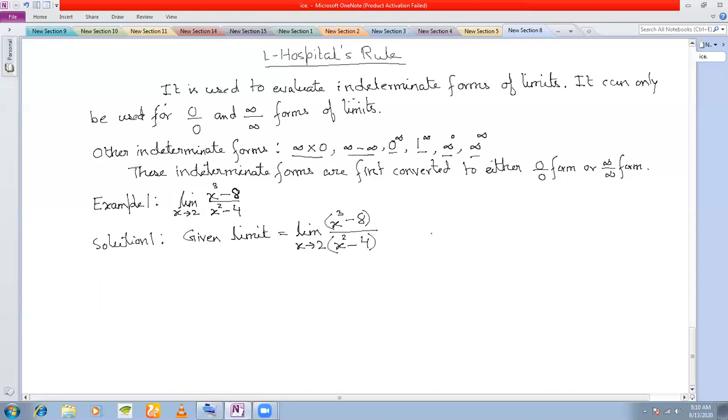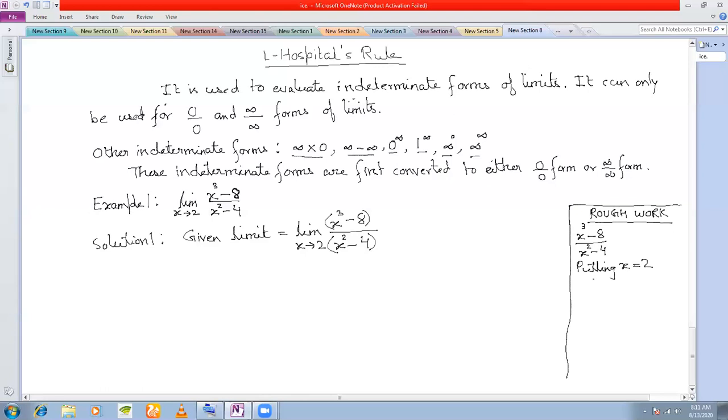Okay. Now what you do at first is, in your column for rough work, you will put x is equal to 2 in this expression, x cube minus 8 divided by x square minus 4, because limit x tends to 2 is there.